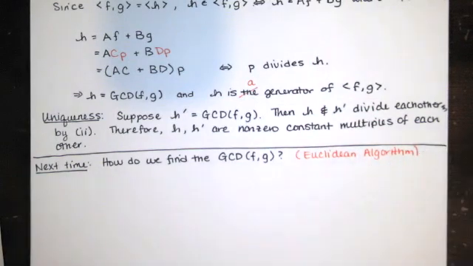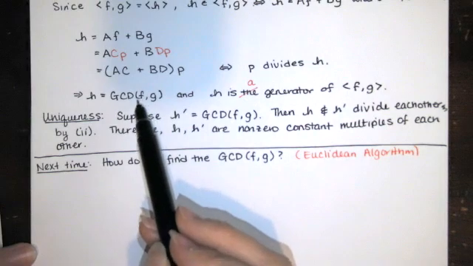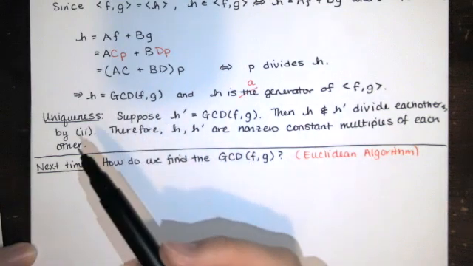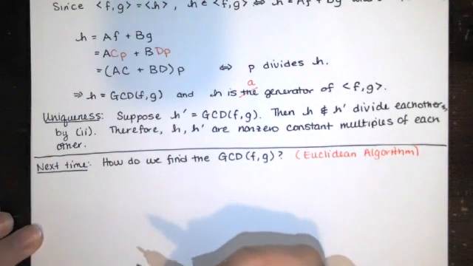And then we're going to extend what we've said about ideals generated by two functions f and g to ideals generated by s functions, f sub 1 through f sub s.